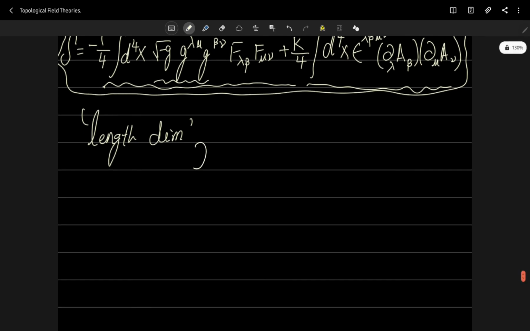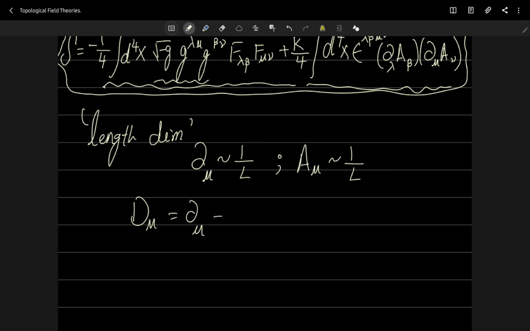So for example, the length dimension for this partial mu is 1 over L. What that would mean is that a mu also has to be 1 over L, since this D mu is actually partial mu minus a mu.